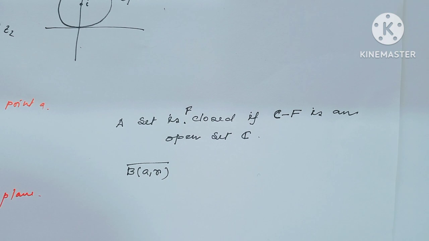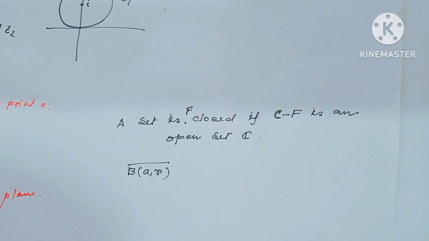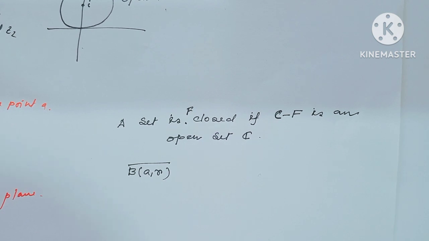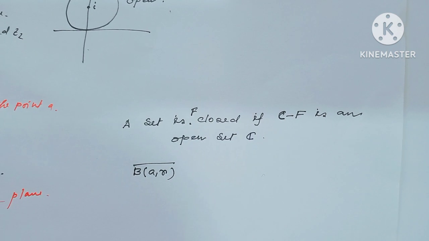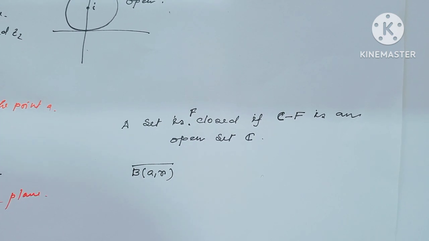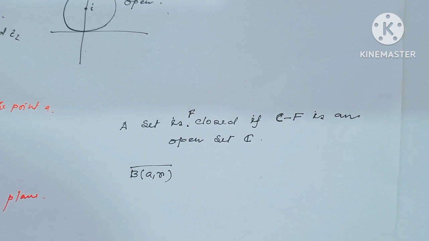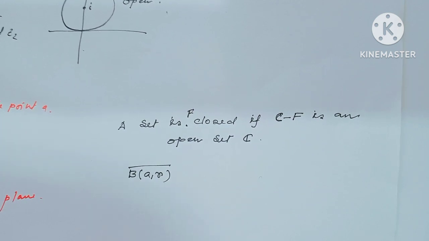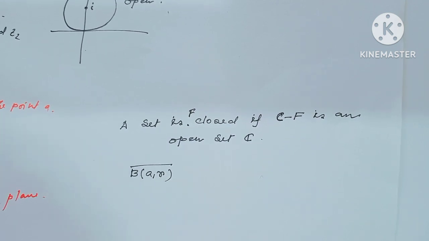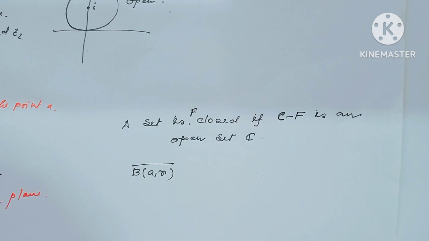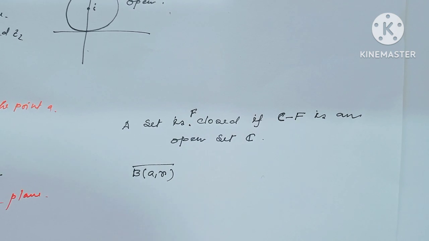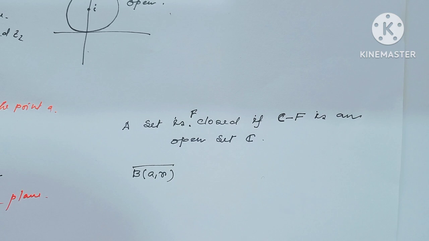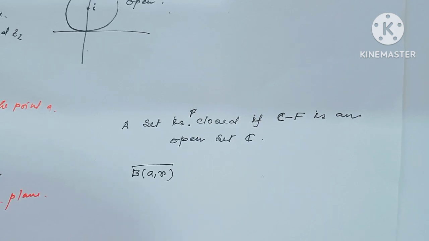This is the idea of an open set, and the idea of a closed set is that a set F is closed if its complement is open, meaning C minus F is an open set in the complex numbers. We all know that, similar to the real numbers and metric spaces, the idea of open sets and all of basic topology is the same.